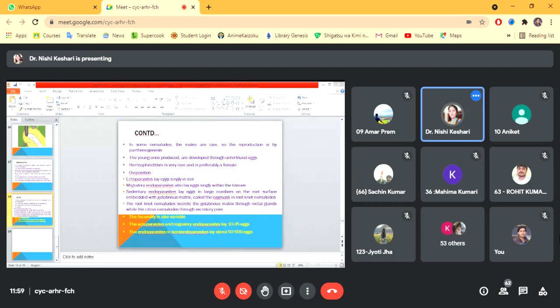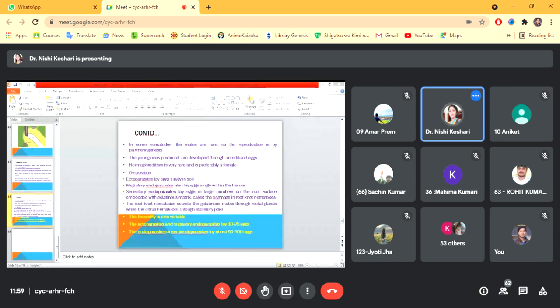The excretory pore is present just above the vagina on the vulva side, because from the vulva the eggs are laid, and from the excretory pore the gelatinous matrix is secreted, so both get mixed. If you are asked the location of the excretory pore in citrus nematodes, it is just near the vulva.